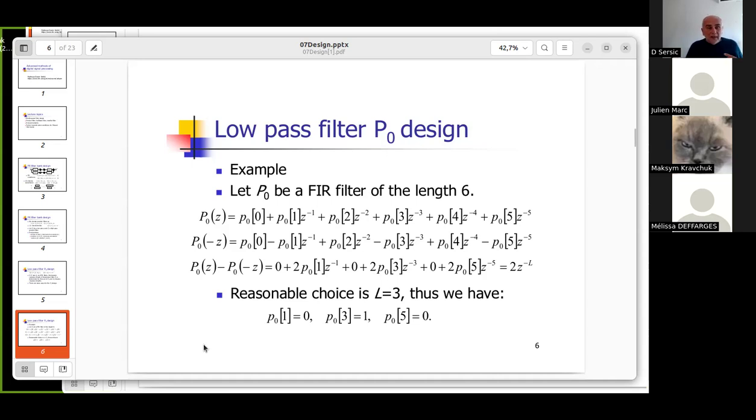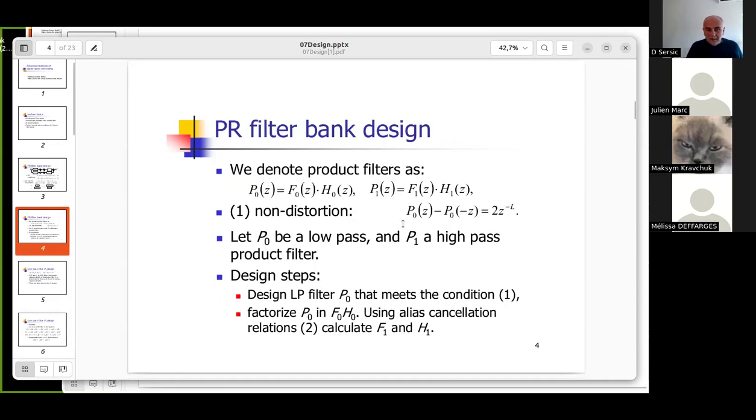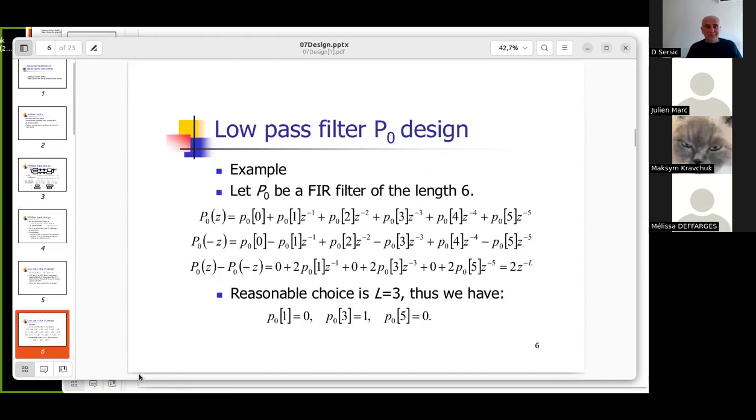Okay, in our equation from the previous slides, you can see that P0 of Z minus P0 of minus Z must be equal to 2 times some delay. So we have to learn about this term. Let's go back to our example. P0 of minus Z equals, so what happens?